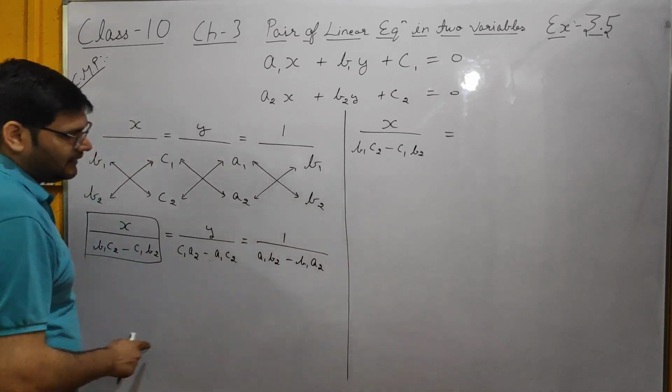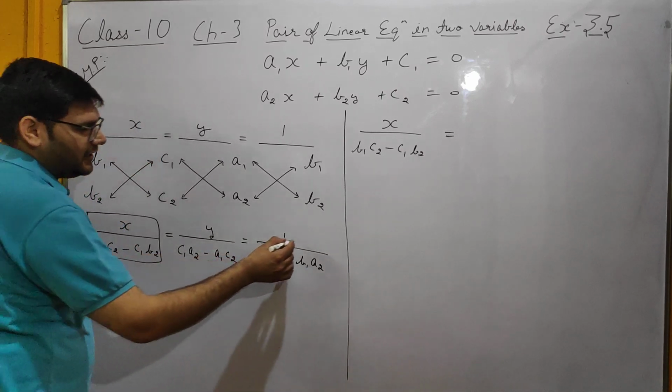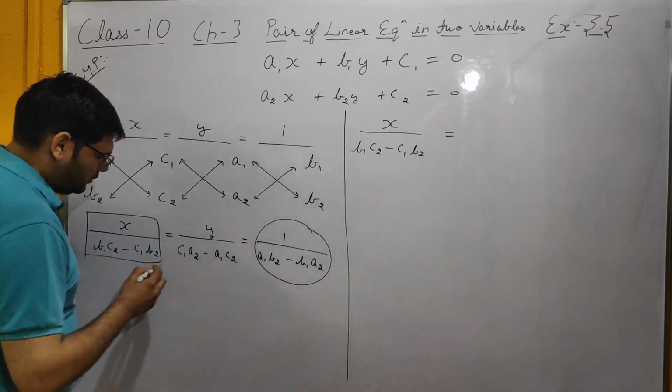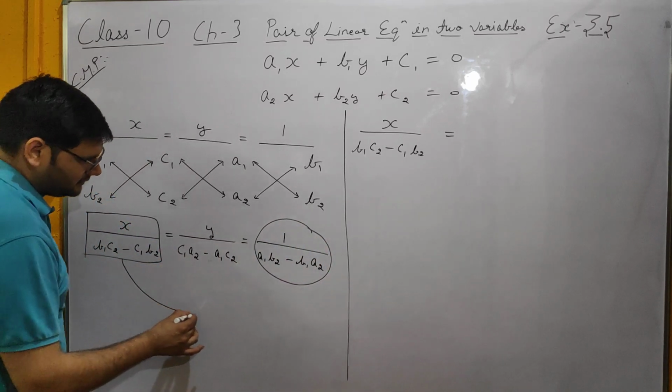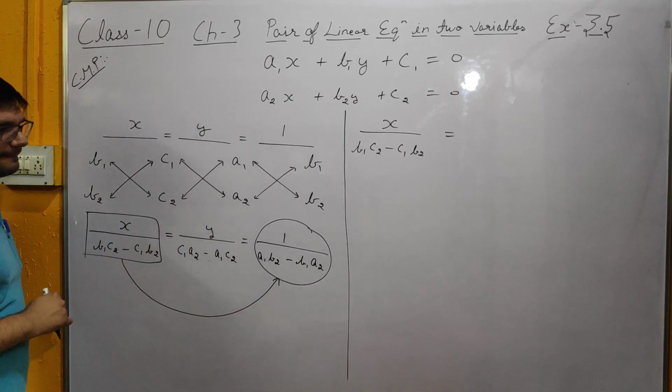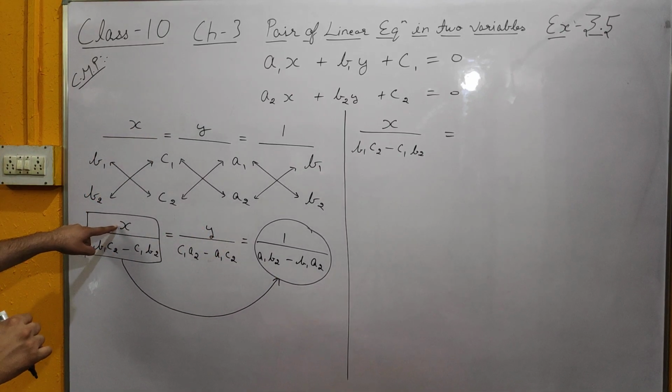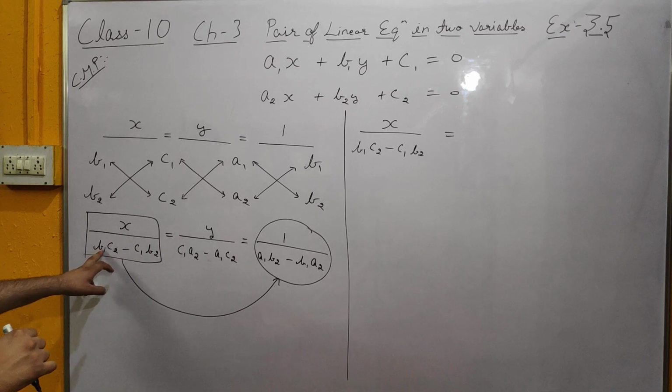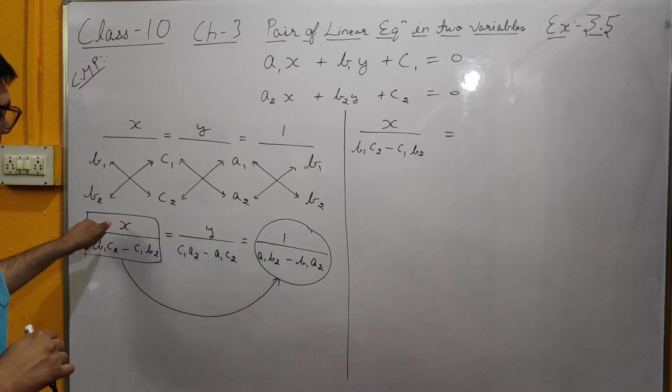Here also, if we equate this fraction with this fraction, because the equal to sign is already there, then we will be able to find x. Why? Because we have all the values except x.